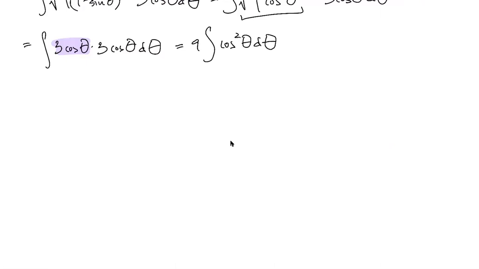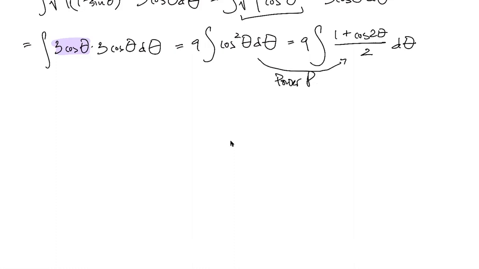This is that sticky case where we have to use that power reducing identity. And so when we substitute that in, we get the 1 plus cosine 2 theta over 2 d theta. And so this is our power reducing identity.